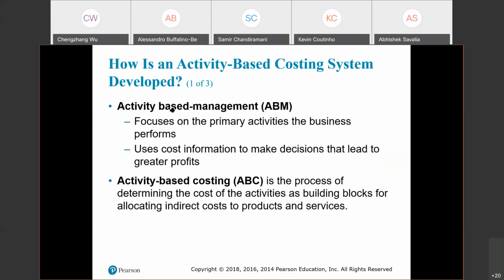The process of first determining the cost of the activity to then determine the cost of products and services is called activity-based costing.